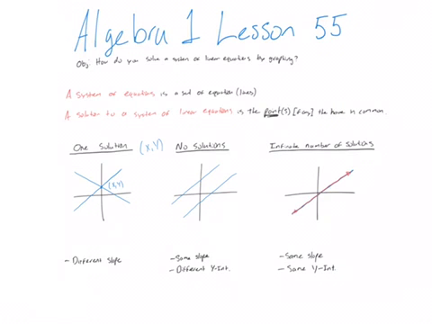Really they're just two lines that have the exact same equation. They're two lines that are the same line. Those will have the exact same slope, like the parallel ones do, but they will also have the same y-intercept. So essentially these two will have the exact same equation, at least in core they'll be the same. They might look slightly different, but if you worked with them, you could get them to look exactly the same.